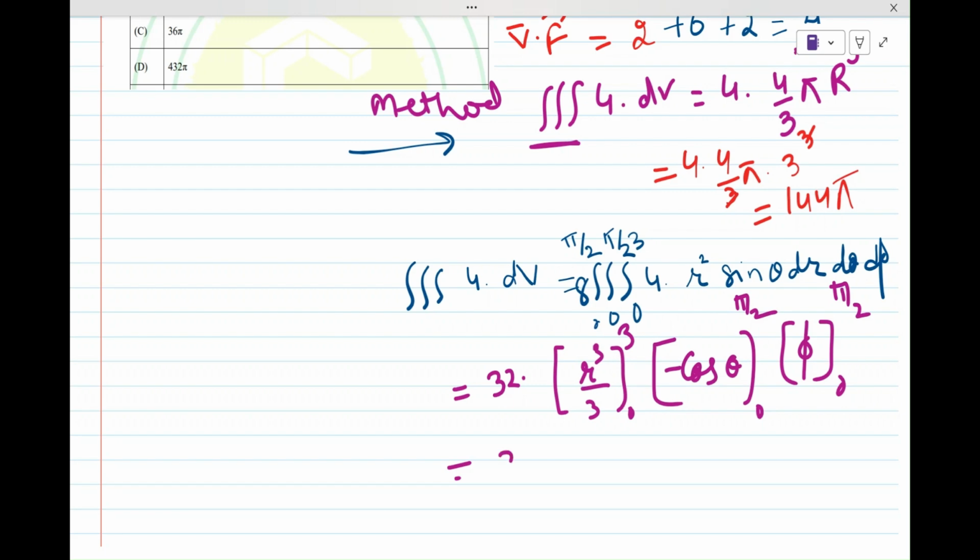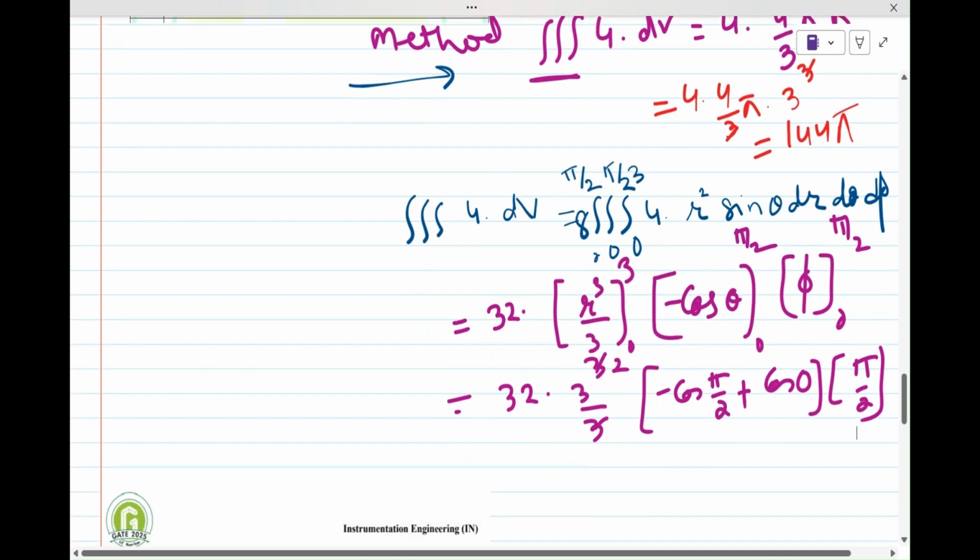So 32 into 3 cube by 3, cos pi by 2 is 0, minus of minus is 1, right, because upper limit minus the lower limit, so it becomes minus cos pi by 2 plus cos 0.